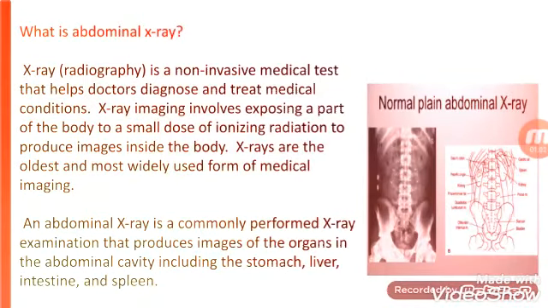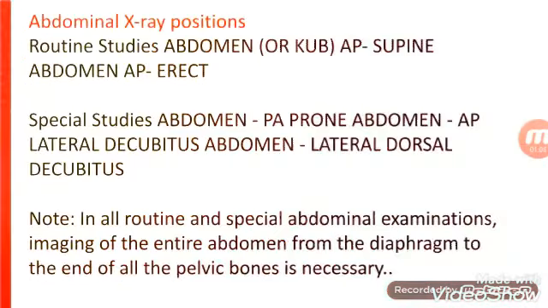liver, intestine, and spleen. For abdominal X-ray positions, we have two groups: routine study of the abdomen and special study of the abdomen. Routine study: AP supine and AP erect.